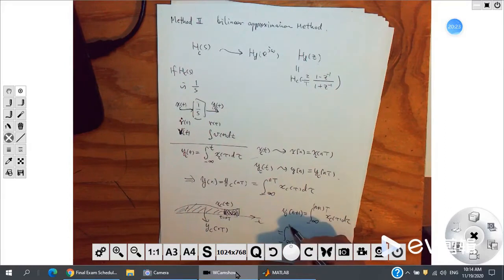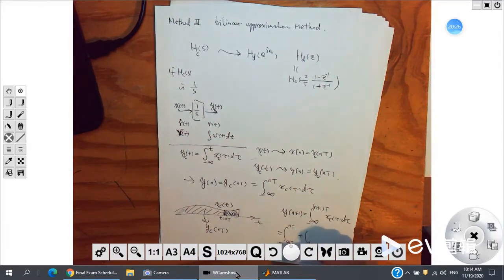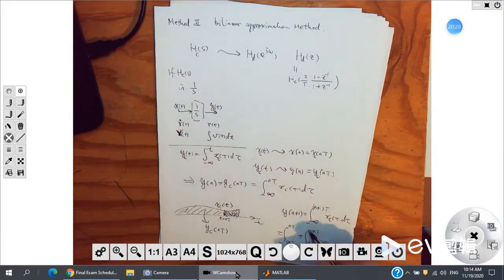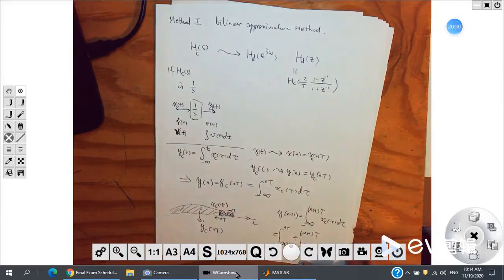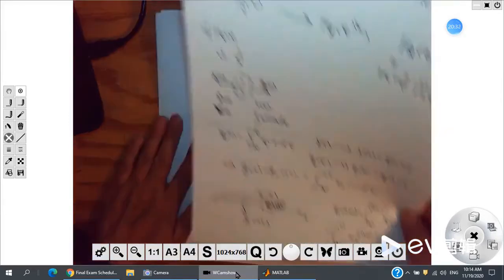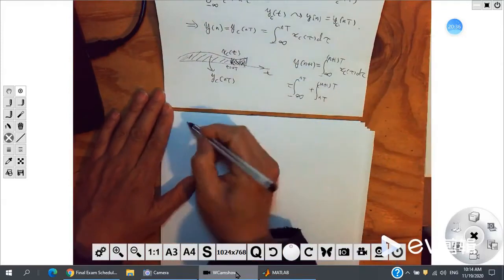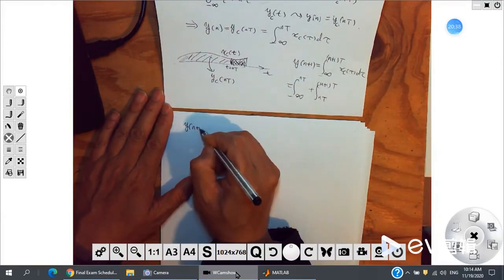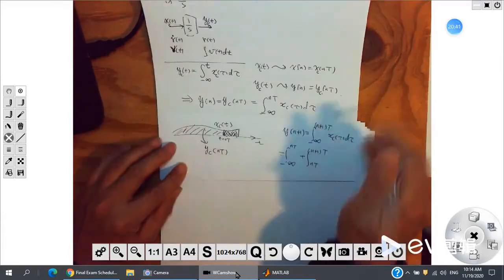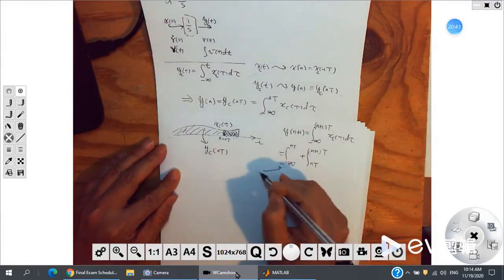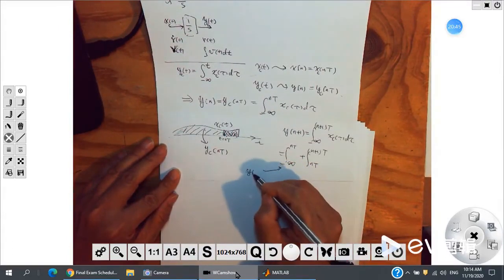Split it from negative infinity to nT, and from nT to (n plus 1)T. We have this. So y of n plus 1 equals, what is this part? This part is just y of n, right?